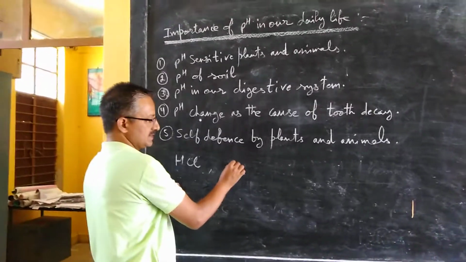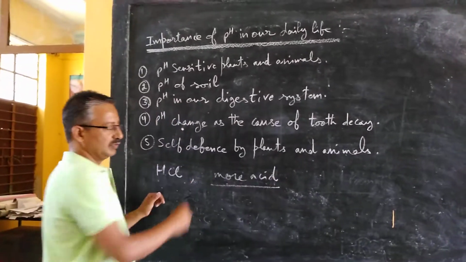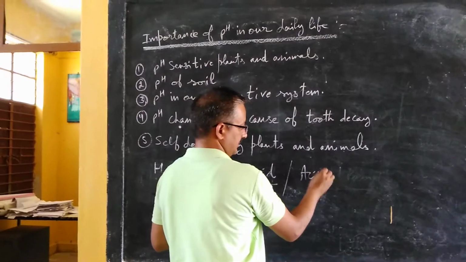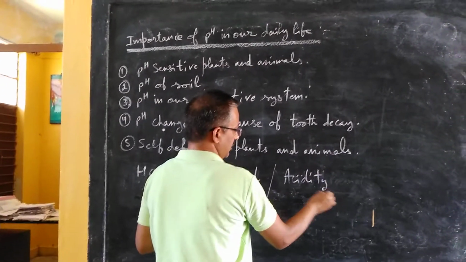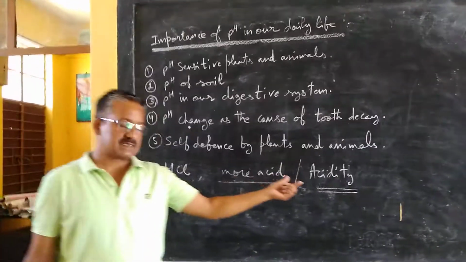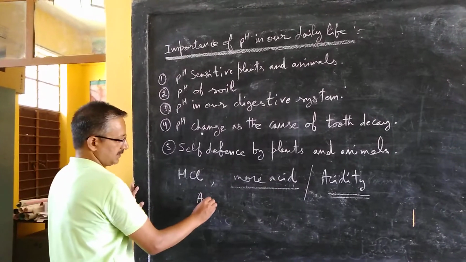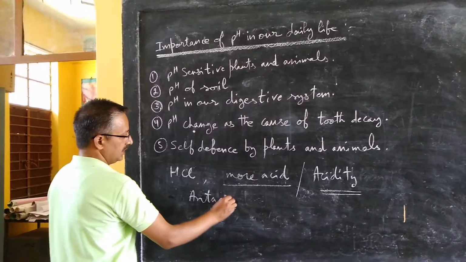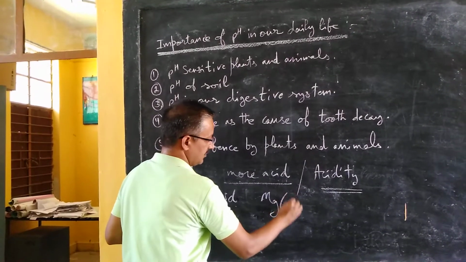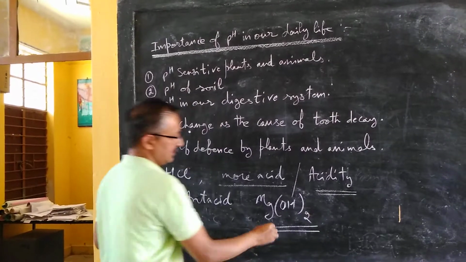Our stomach produces more acid. Now, if our stomach produces more acid, then that situation is called acidity. Now, in the beginning we discussed, if somebody is suffering from acidity, then what is to be taken? An antacid is taken. And one example we also did, it was milk of magnesia. Milk of magnesia is magnesium hydroxide.